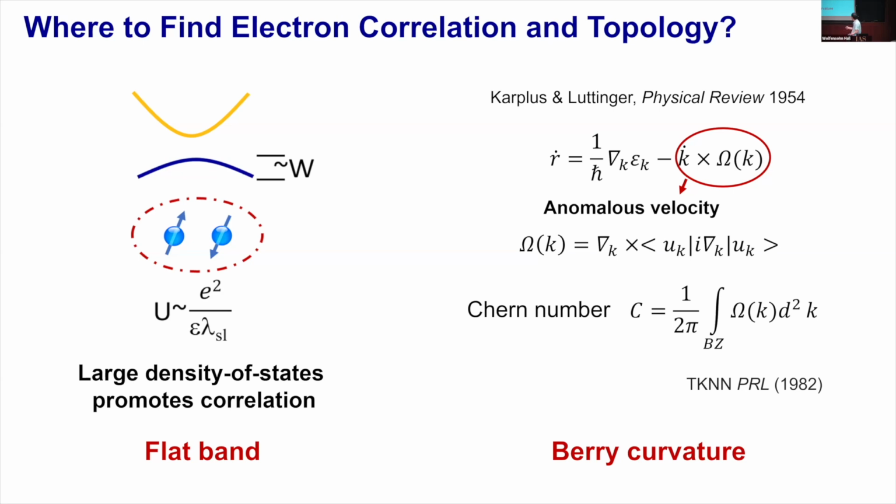And you can integrate this anomalous velocity over the whole Brillouin zone, and you can get some integer called the Chern number, and that characterizes the topology of the band. So these are the ingredients that we need to look for correlation and topological phenomena in solid state systems.